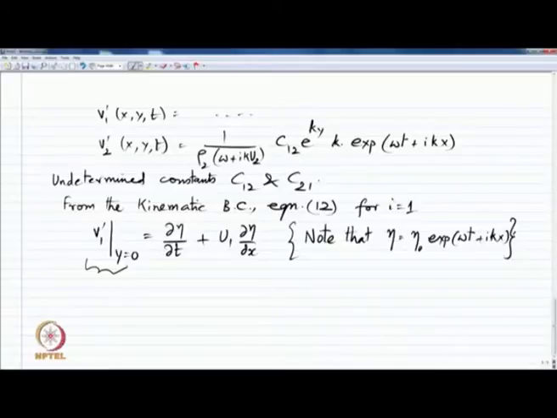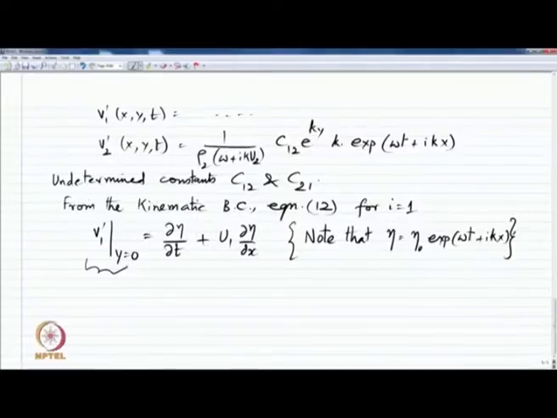V 1 prime at y equal to 0 is equal to the physical movement of the interface in an advected sense. So, dou eta dou t plus u 1 dou eta dou x is basically an advection of that interface with a velocity u 1. U 1 happens to be the fluid velocity, the base flow velocity in fluid 1.